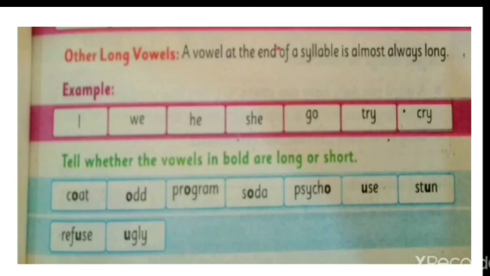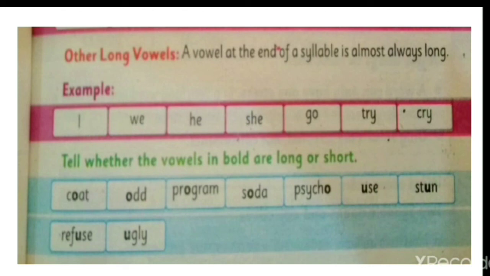Then for other long vowels: a vowel at the end of a syllable is almost always long. If a syllable ends with a vowel sound, it can be considered a long vowel sound, and it can be any vowel. Examples: I, we, he, she, go, try, cry.